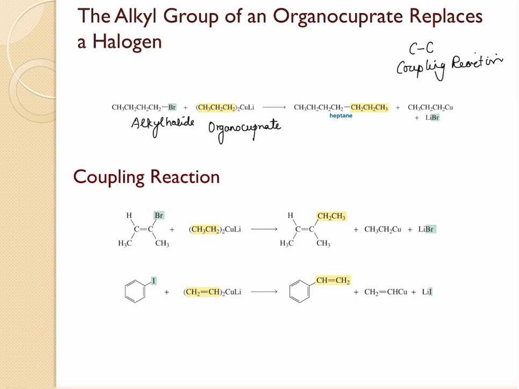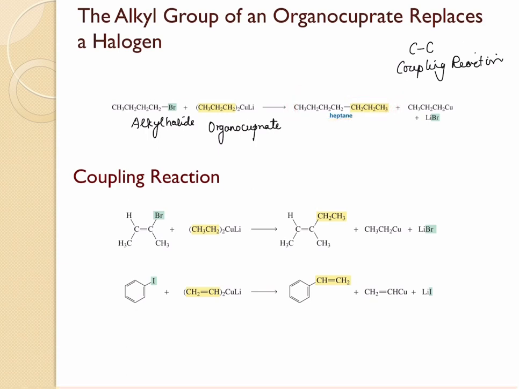When an organocuprate is reacted with an alkyl halide, the halogen is replaced by the alkyl group in the organocuprate. You can see there are 4 carbons in the alkyl halide, and we have 3 carbons in one alkyl group, so altogether it would be 7 carbons in the resulting compound.